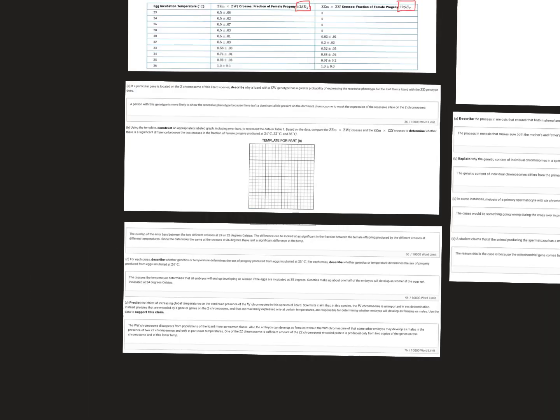So this first question here, A, asks if you had a gene on the Z chromosome, and you had a ZW genotype, why do you have a greater probability of expressing a recessive phenotype than someone who has a ZZ genotype?